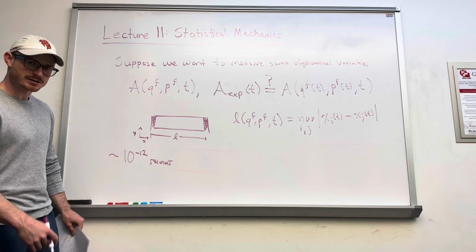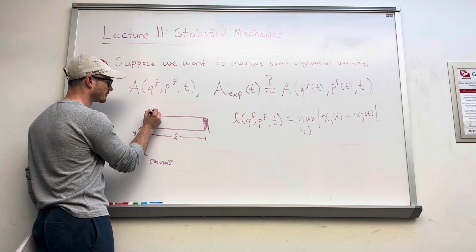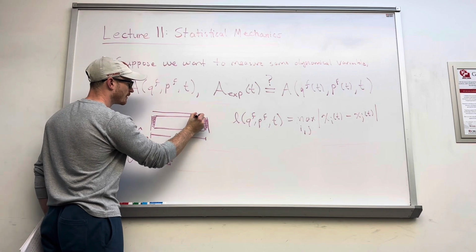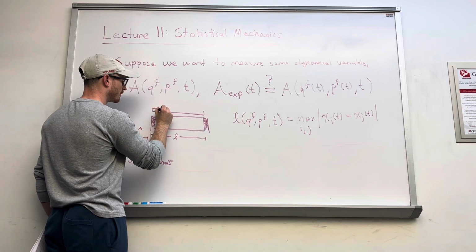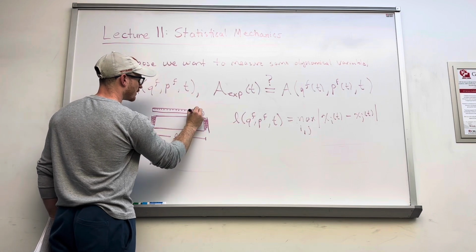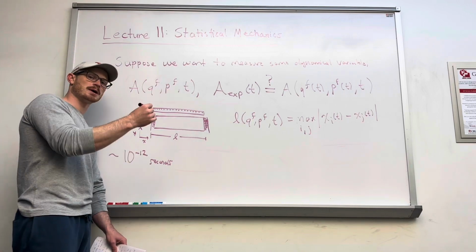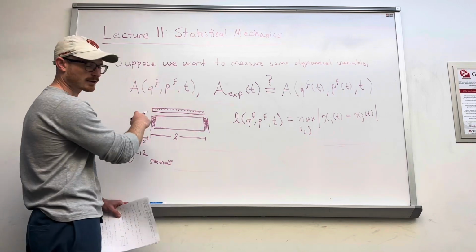Well, when you measure something, even if you held up a ruler, let's say you held up a ruler to measure the length of this thing, and instead of using your eyes, you wanted to be more precise, so you took a picture to compare later.